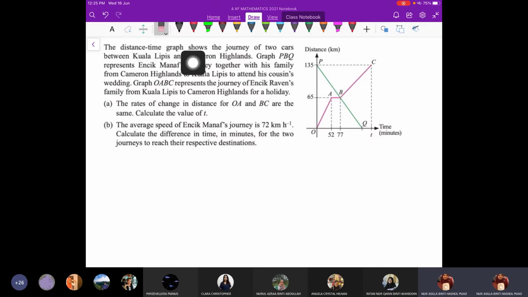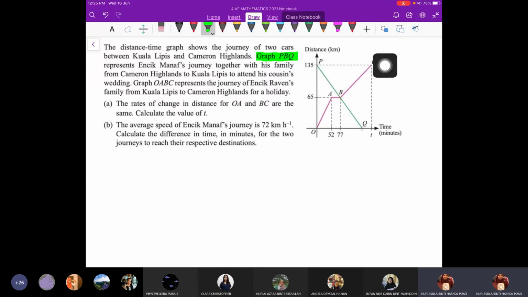Okay, the distance time graph shows the journey of 2 cars between Kuala Lipis and Cameron Highland. So which one Kuala Lipis, which one Cameron Highland, kita tak tahu lagi. So graph PBQ. So PBQ maksudnya yang hijau. Okay. Buat hijau.